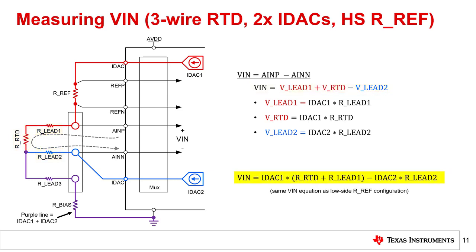The final expression for Vin is shown as the sum of RRTD and R lead 1 multiplied by IDAC 1 minus the product of IDAC 2 and R lead 2. Coincidentally, this is the same result for the 3-wire RTD system using 2 IDACs and a low-side RREF. Now, let's calculate the resulting ADC code.